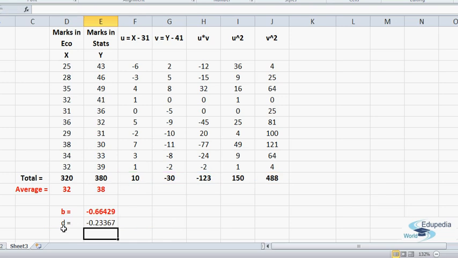So this is the value of d. Again, we see that both b and d are negative, and when we calculate r, I'm sure we'll get the value of r also as negative.